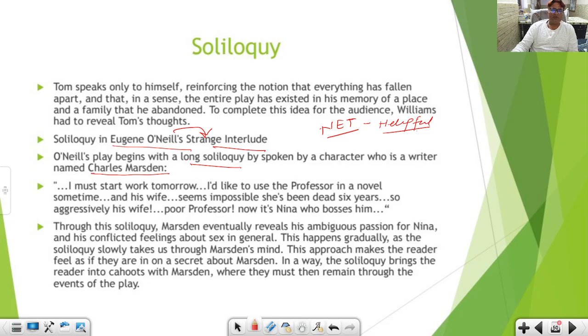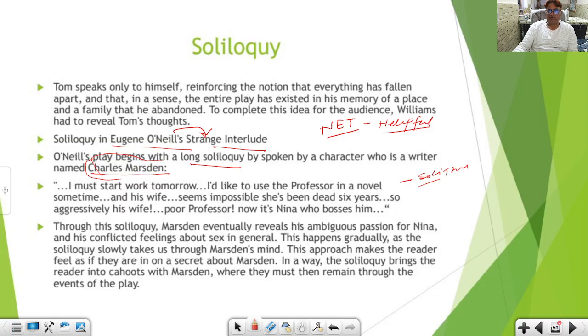He can ask that these are the lines and this is a soliloquy, and who made this soliloquy, then you should have this in your memory: Charles Marsden. The question paper of NET is very deep, so you are expected to have very vast and wide knowledge. Okay, so this is the matter of the soliloquy.